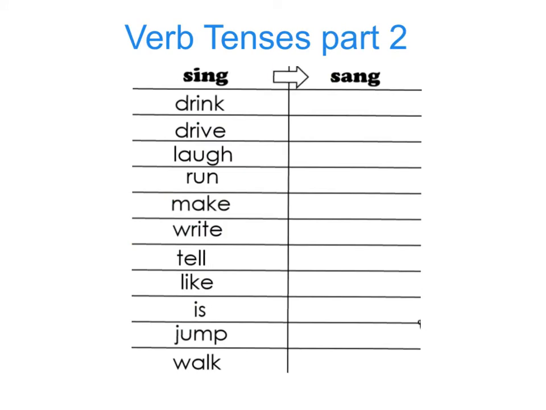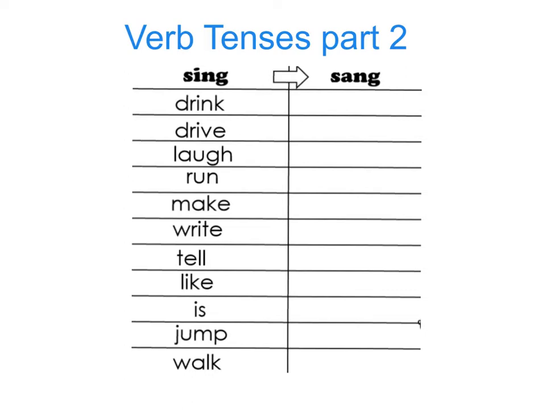Alright, you are going to need a blank sheet of paper to turn in for this next part. Don't forget to include your name, and then at the top write the heading Verb Tenses Part 2. Next, you will need to copy this chart down. You'll notice that the left column is verbs in the present tense, and the right column has a verb in the past tense.